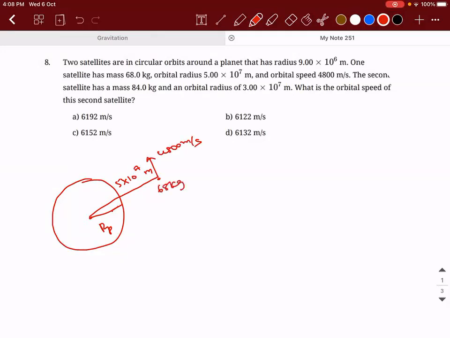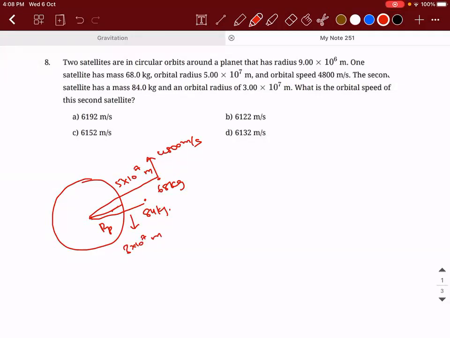And the second satellite is of mass 84 kilogram and has an orbital radius of 3 into 10 power 7 meter. So what is the orbital speed of the satellite?